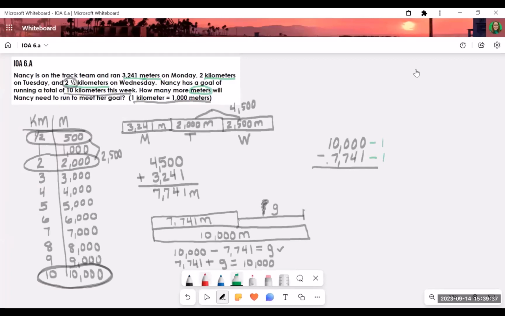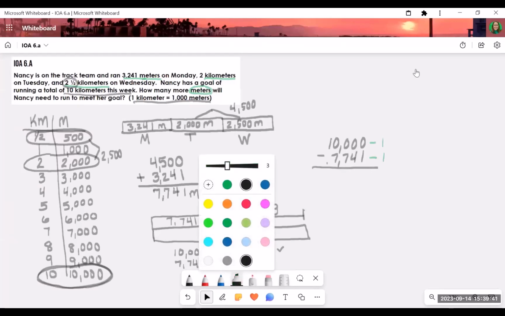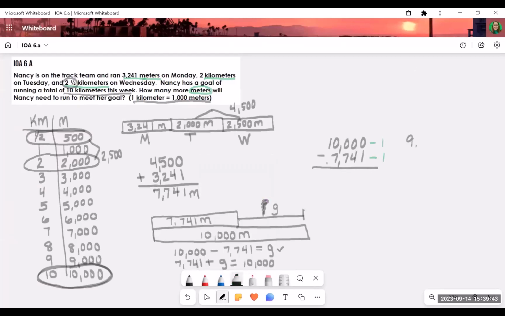So our new problem is going to be 9,999. That's 10,000 minus 1. And 7,741 minus 1 is 7,740.